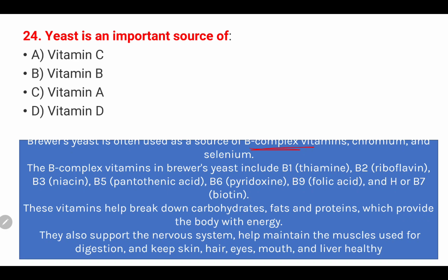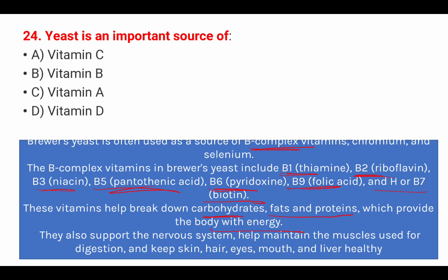Hence I can say that it contains vitamin B1, B2, niacin or B3, B5, pantothenic acid, B6, B9 or H or B7, biotin. And these vitamins help in breaking down of carbohydrates, fats, proteins, and they also provide the body with energy.